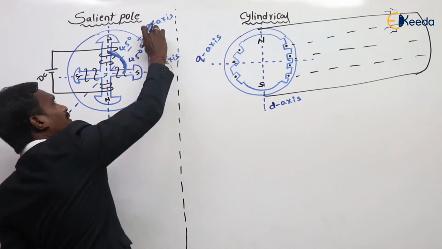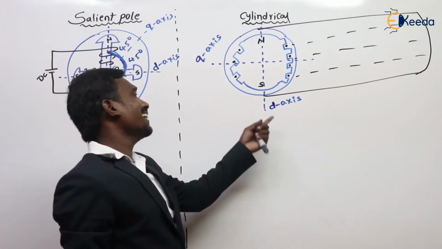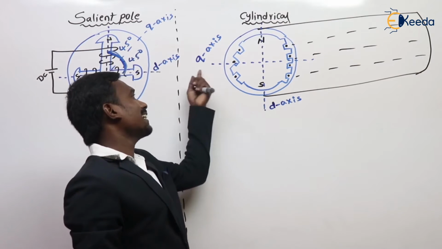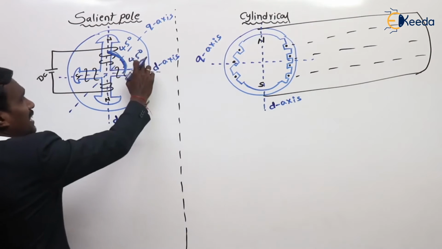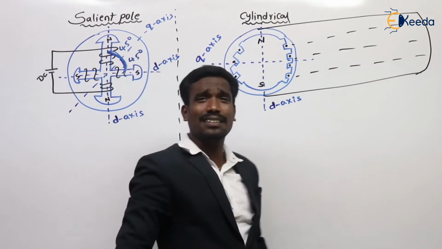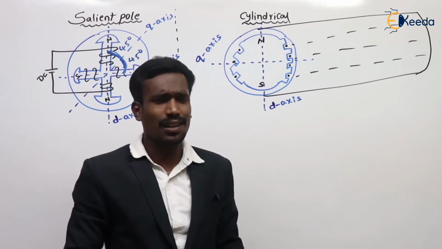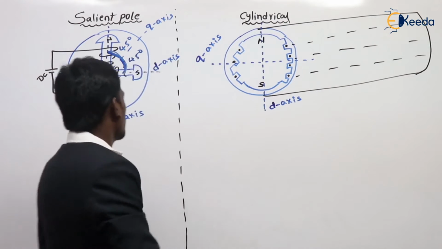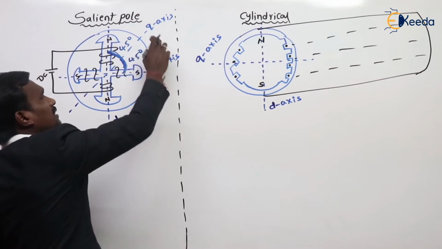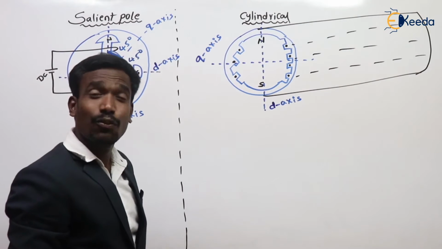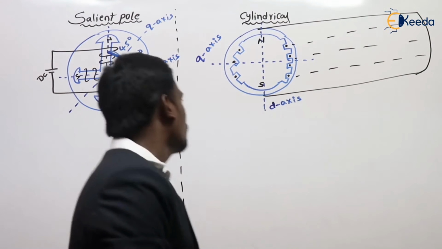Here the angle between q-axis and d-axis is only 45 degrees, but I said the angle between d-axis and q-axis is 90 degrees. Which is the correct answer? Both are correct answers. Sir, how sir? Here we have only 45 degrees, but you said this is a d-axis, this is a q-axis. For that, we have an explanation, no problem.